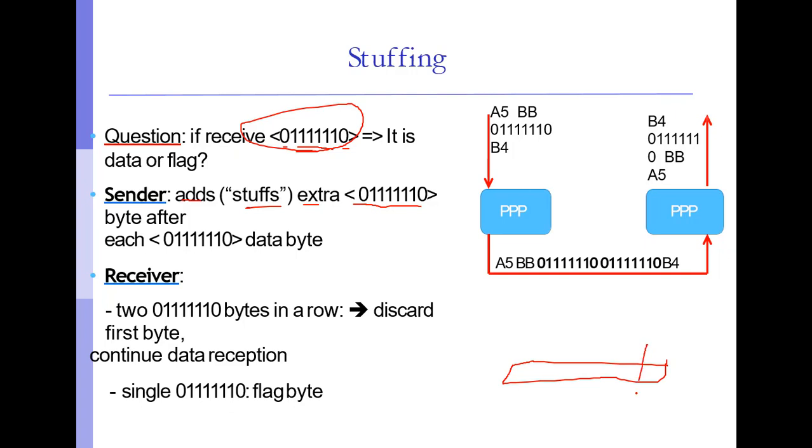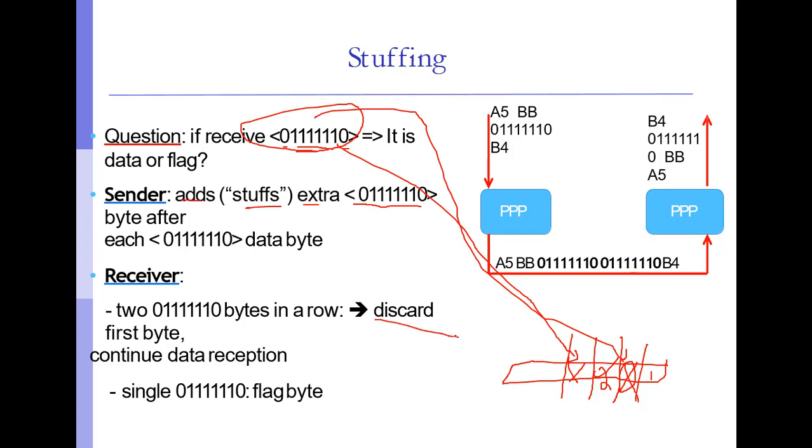So after every packet it will stuff some same data, then another data will be sent, and after that another stuffing byte will be stuffed into the channel. The receiver will discard this stuffed byte and store the other data in its own form.